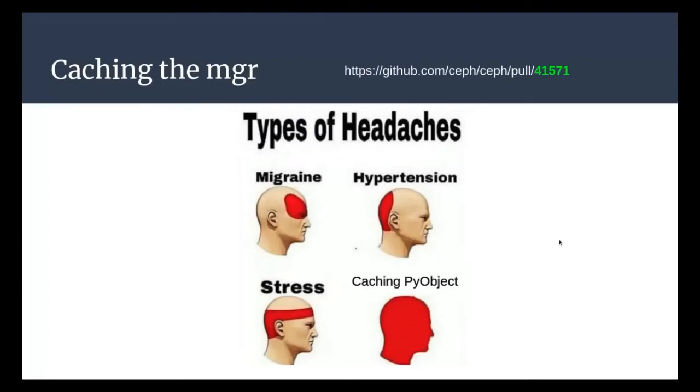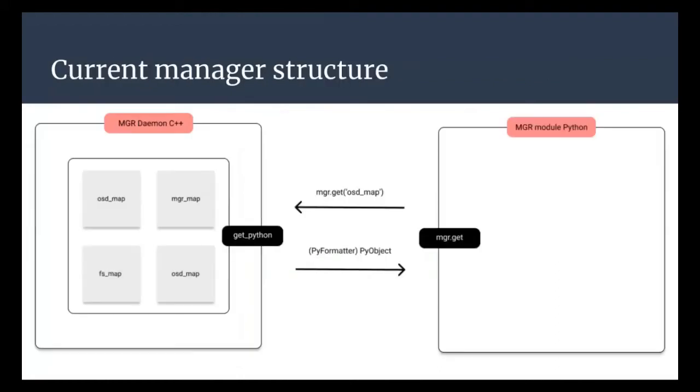Hey, so from now on, we're talking about the results that we got from caching the manager module. And if you don't mind having a headache or you're immune to it, you can look at the PR that you can see on top. So basically, this is the structure that we currently have for the manager daemon. You can see that we have some maps on the left side in the manager.